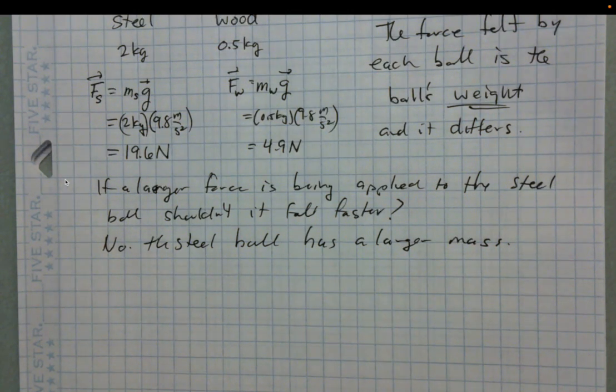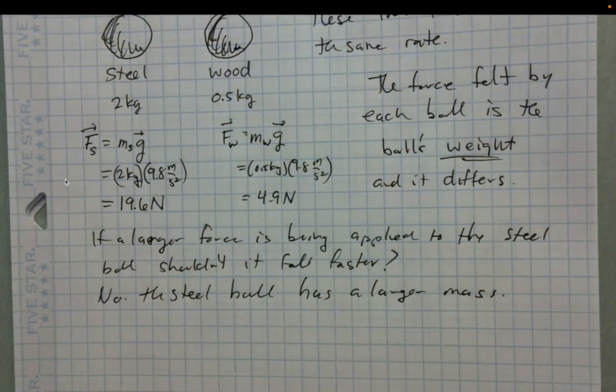So in order to accelerate the steel ball at the appropriate rate, 9.8 meters per second squared, a larger force is required. The wooden ball is less resistant to acceleration than the steel ball. This is a way of thinking you're probably not used to, really thinking about how heavy an object is as a proxy for how resistant it is to being moved.